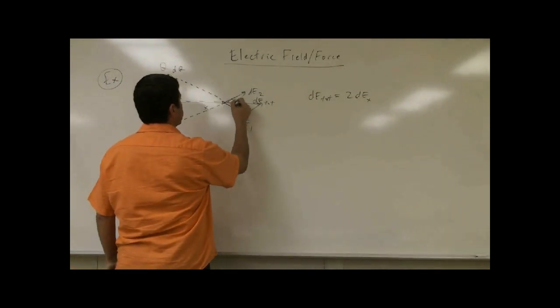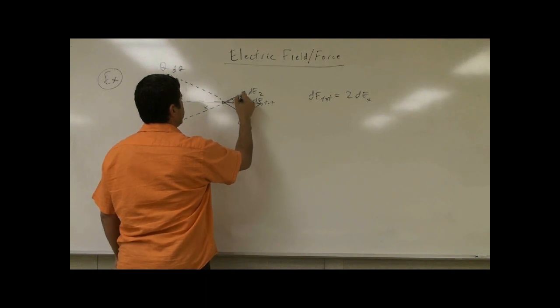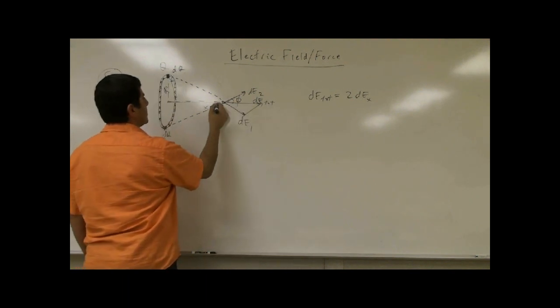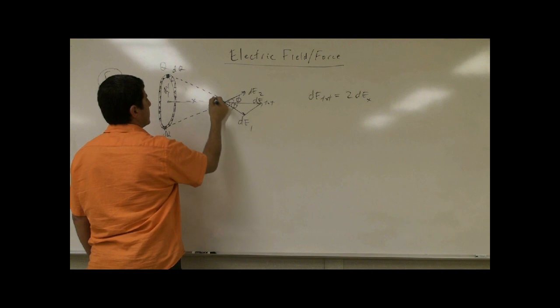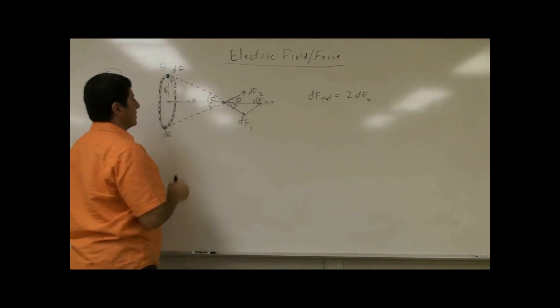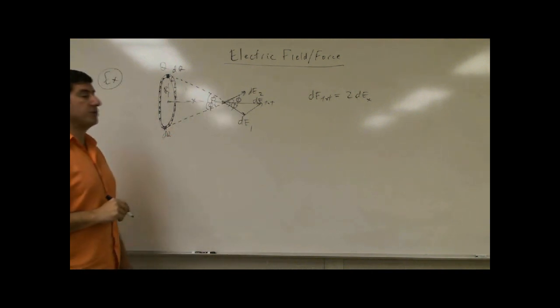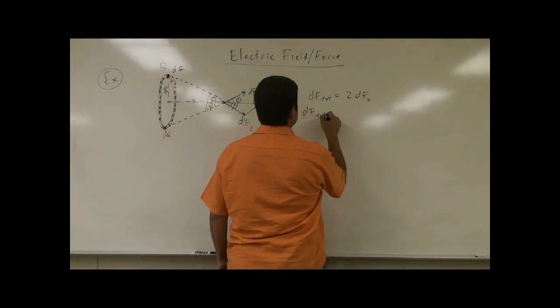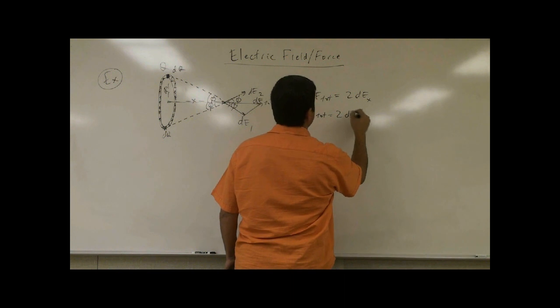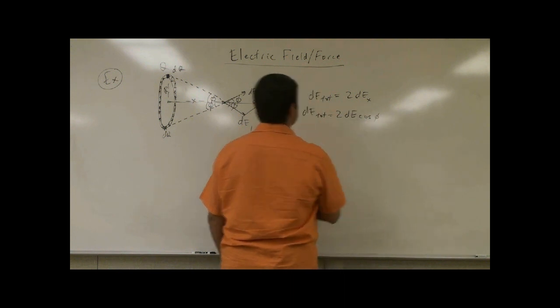If I define this angle as phi, and that's the same angle as phi here, and then this is the distance x, and this is also phi, then only cosine of phi will survive. So dE total is equal to 2dE cosine of phi.